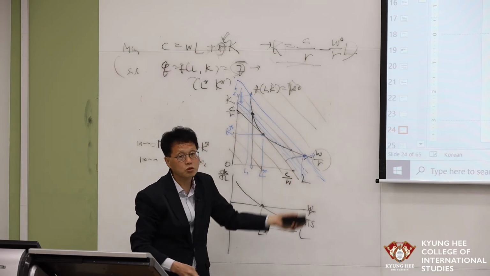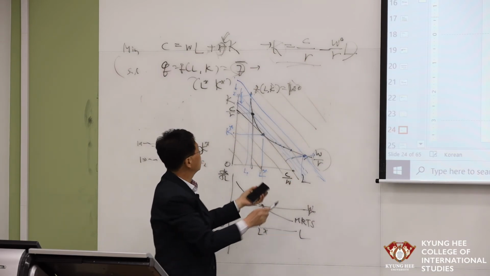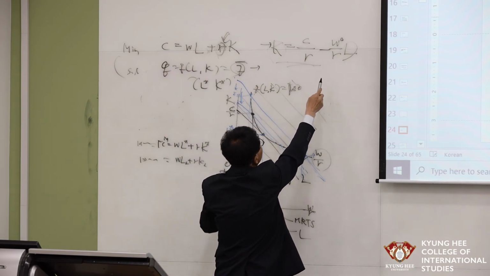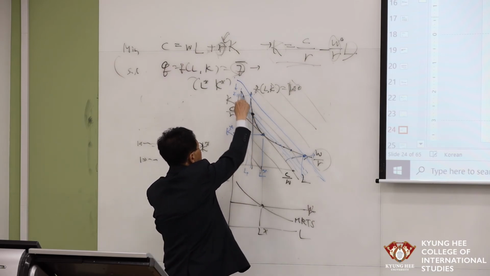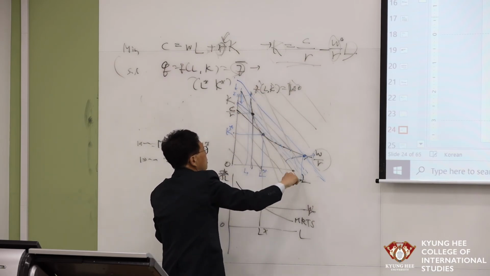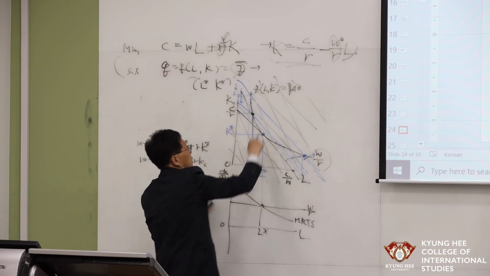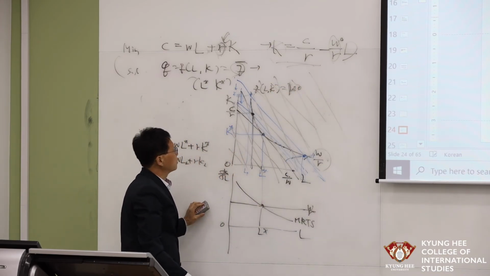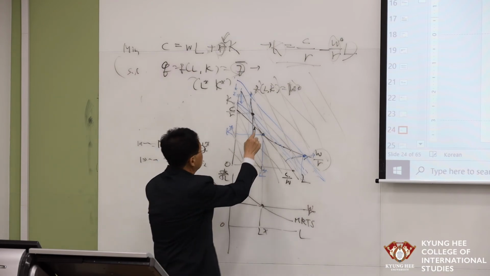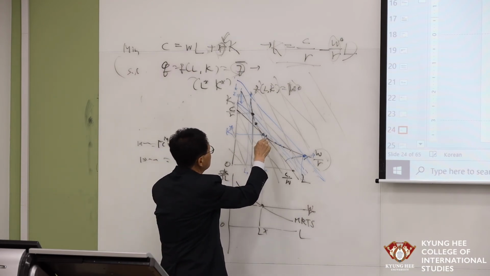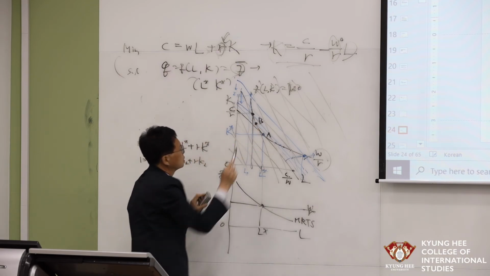Then you have to solve the cost minimization problem again. After increasing the wage rate, the new isocost line is steeper than before, like this. Right? Steeper than before. And you can find the new cost minimization point. That happened here. Originally here, now here.